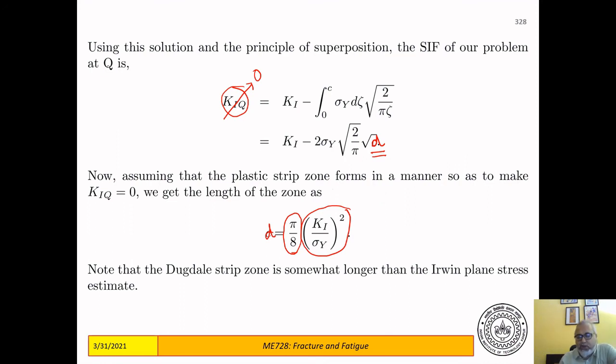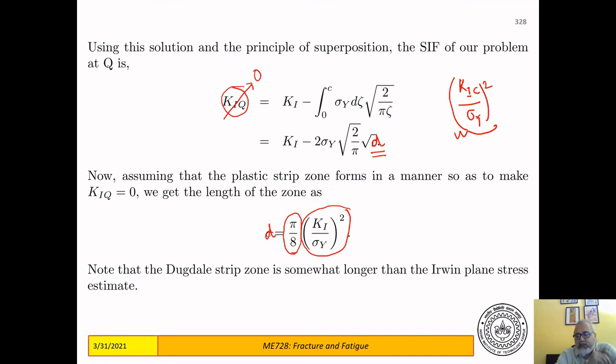So whether you have small scale yielding or not at crack initiation will depend on K1C by sigma y, whole squared, this length scale. You have to measure or calculate this length scale, and then make the judgment whether this is a small scale yielding problem or not.